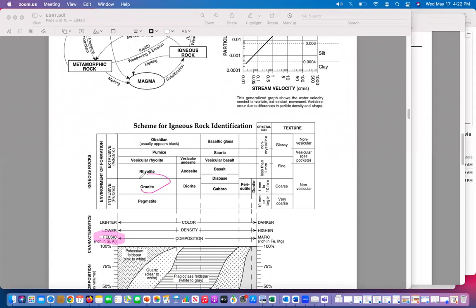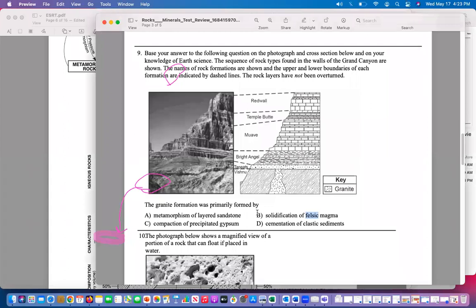And granite is also on the left side of the chart. So granite is made up of felsic magma. So both of these things, the fact that it's an igneous rock, and that it talks about solidification, and that it's made up of felsic magma, let me know, boom, it's got to be choice B.